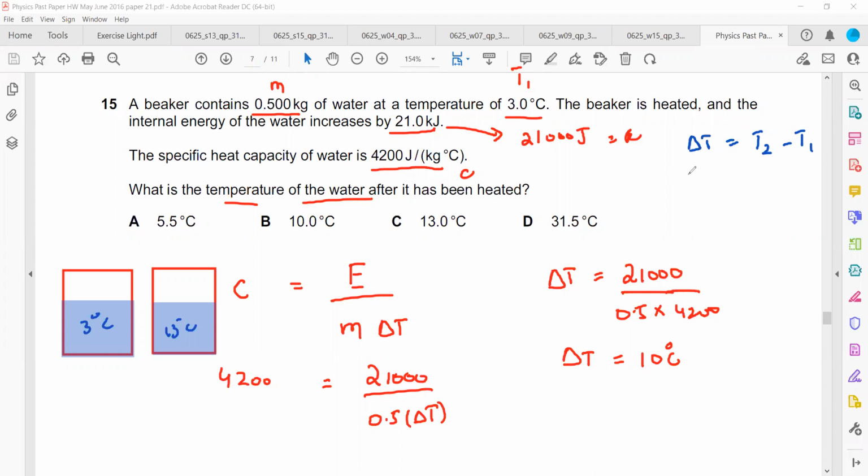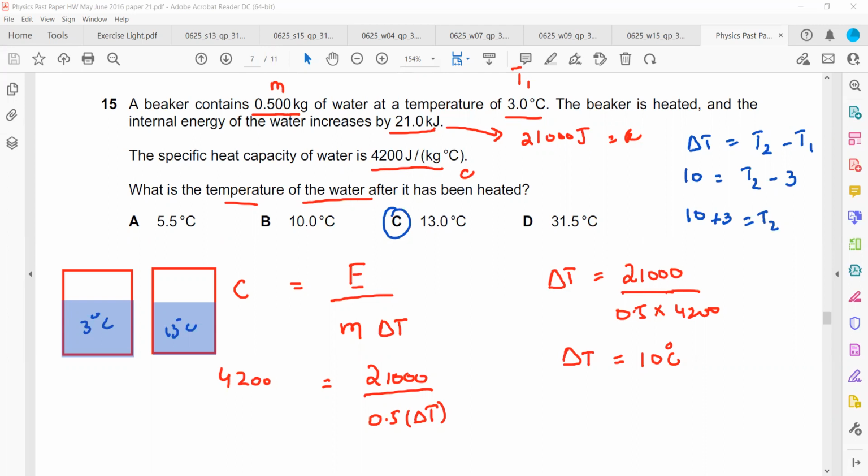The temperature change is 10, which we calculated. The final temperature we don't know, and the initial temperature was given as 3. If something is subtracted on one side, it moves to the other side and is added. So it will come out as 10 plus 3, which is 13. So C will be the right answer.